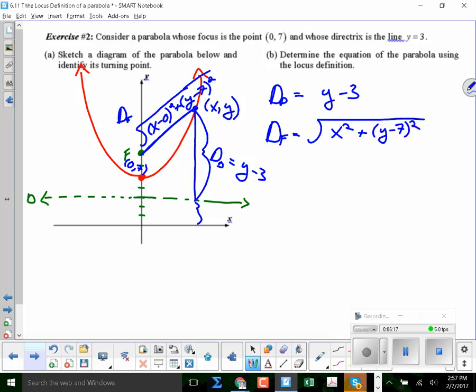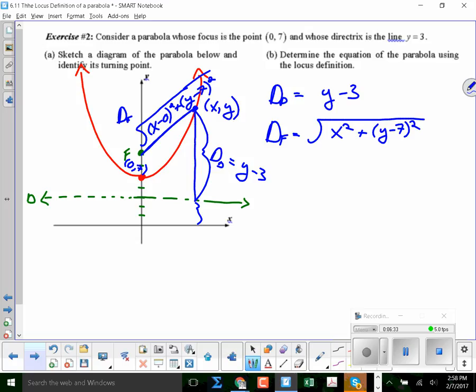And since it's a parabola, what do we know about those 2 distances? They're the exact same, so I can set them equal to each other. And then we're going to make a nice equation of a parabola out of it.